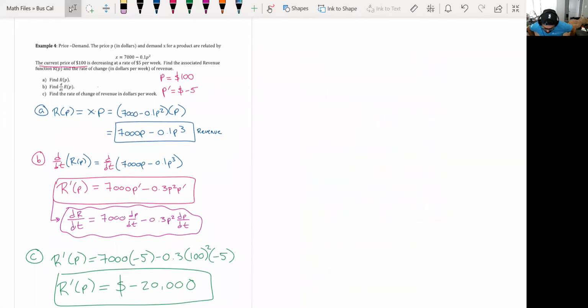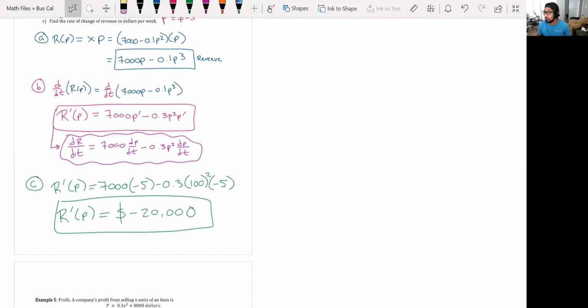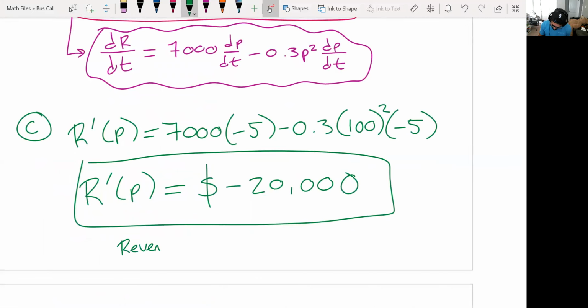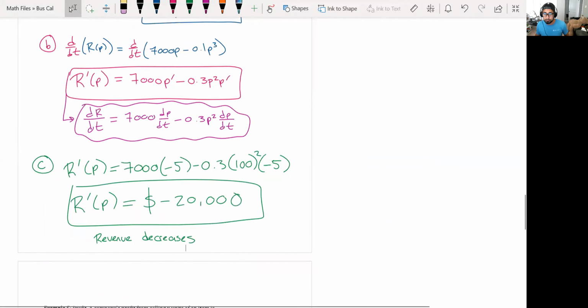This says the current price of 100 is decreasing. Find the associated revenue function and the rate of change in dollars per week. Ooh, so this means that the revenue is decreasing by $20,000 per week. Not good. Revenue decreases. Okay.